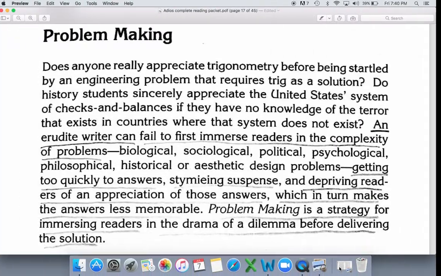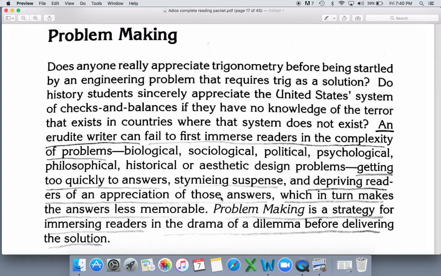But here's just a foundation for us to start from. So I'm going to pull up really quickly the reading I had you do from the Adios Strunk and White packet. I'm going to highlight the first paragraph of the problem-making section, and then use that to start our discussion of NAPS.